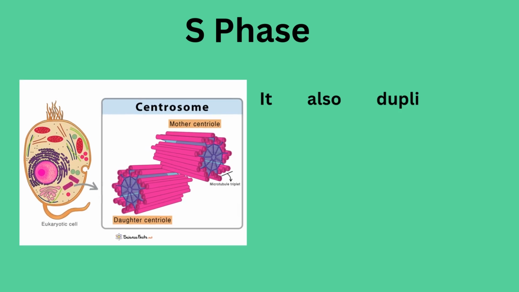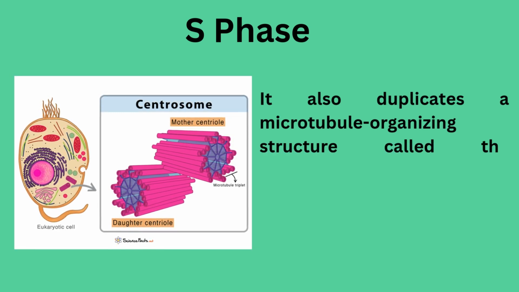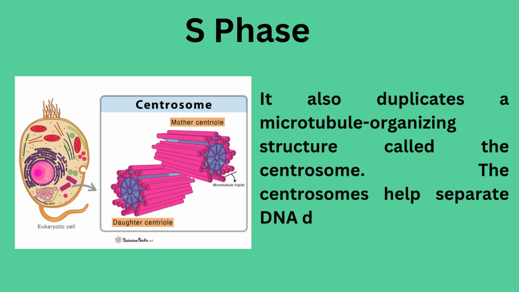At the center of each human and animal cell, the centrosomes are associated with a pair of rod-like objects known as centrioles, which are at right angles to each other. The S phase involves duplication of a microtubule organizing structure called the centrosome. The centrosome helps separate the DNA during M phase.